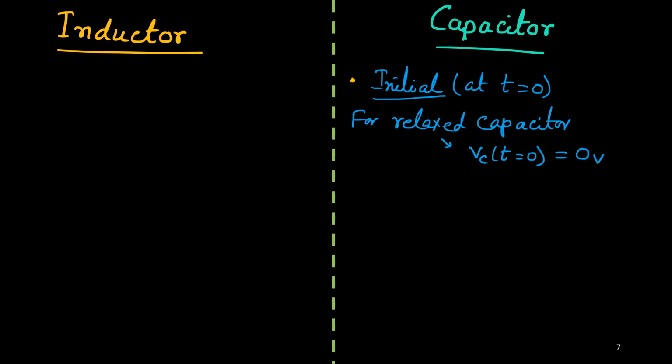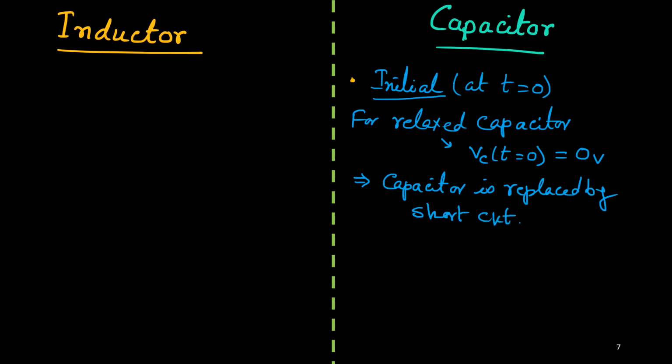There is no stored voltage across the capacitor initially. If there is no voltage, the two points can be considered a short circuit, so the capacitor is replaced by a short circuit.